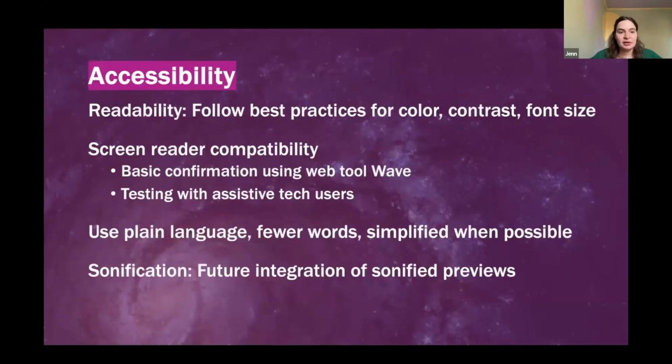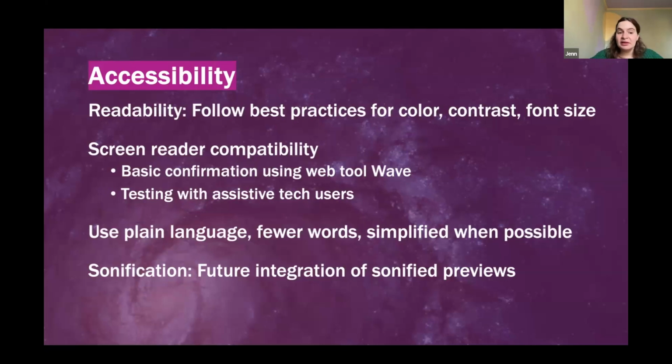And finally, accessibility. This is through a lot of axes. One is readability. I mean, everyone, please just follow the best practices for color, contrast, font size. They're well established. Also, things like screen reader compatibility. That's also well established methods to do that. We do a first cut using the web tool WAVE.